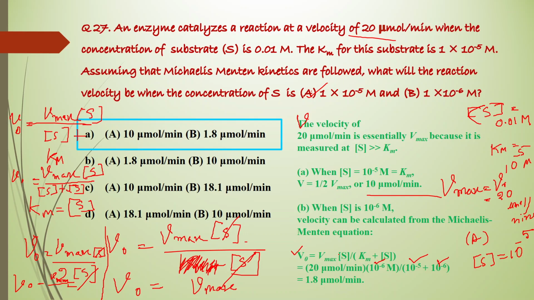And the Vmax value, at the very beginning we determined, is 20 micromolar per minute. So in place of Vmax, we can put 20 micromolar per minute. Everything is given, and when you solve it, you get a V0 value of about 1.8 micromolar per minute.